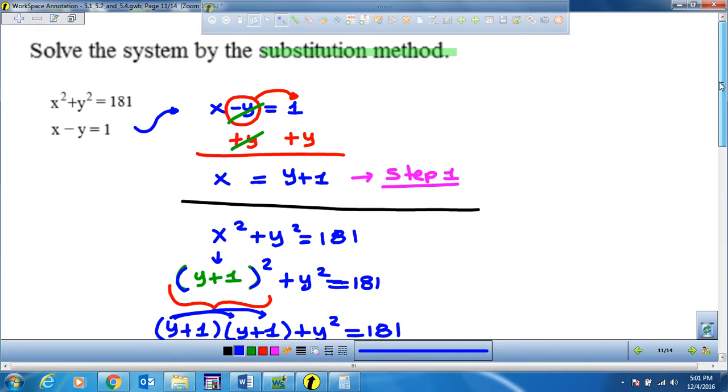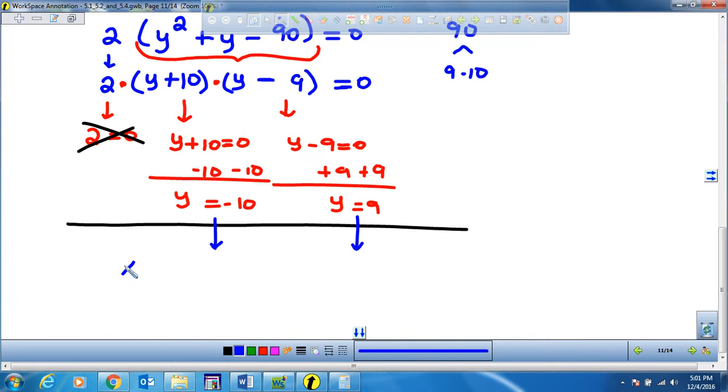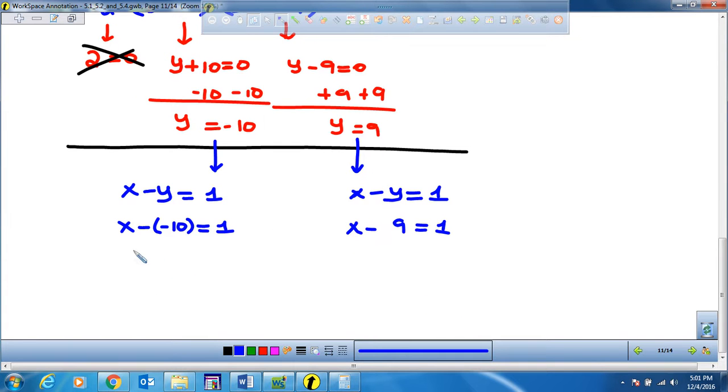So I'm going to use the second equation. x minus y equals 1 in both. And I'm going to substitute: x minus negative 10 equals 1, x minus 9 equals 1. And we're just going to solve for x. So x equals negative 9.